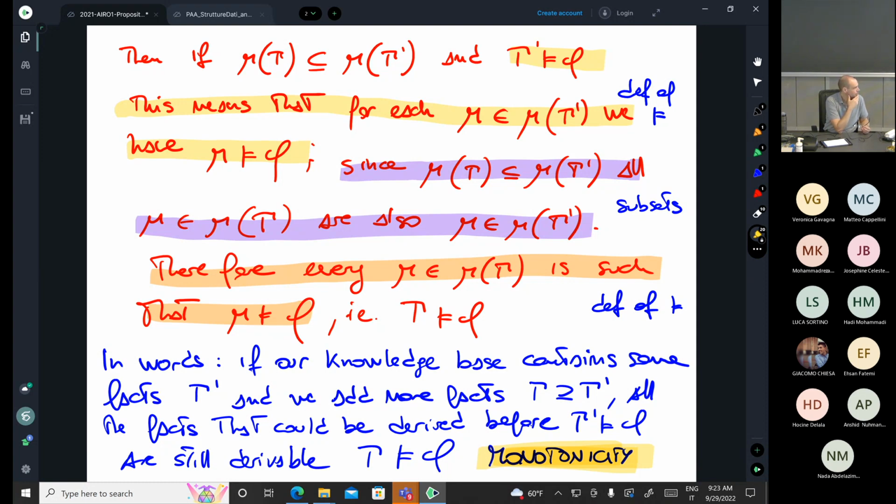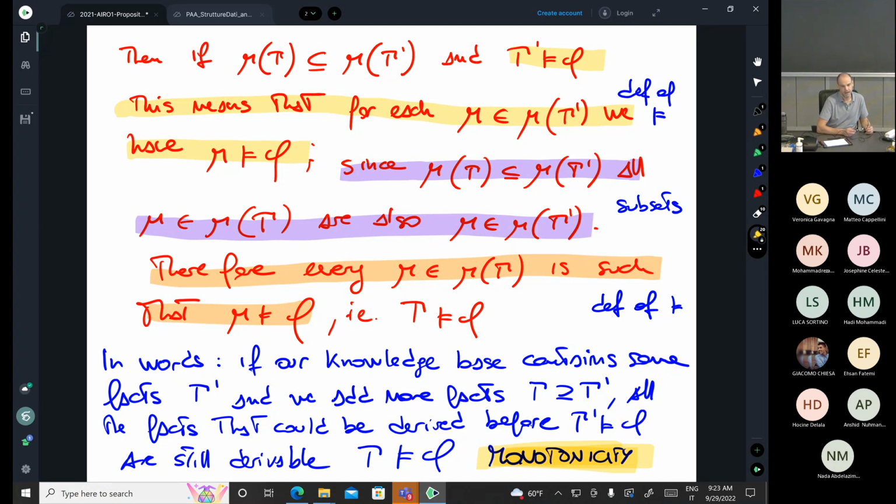Now, monotonicity is a little bit like the famous postulate in geometry that, if you negate it, nobody was able to show. If you negate it, you discover Riemann geometry. So monotonicity is not always good. Think about an agent getting to know about birds.